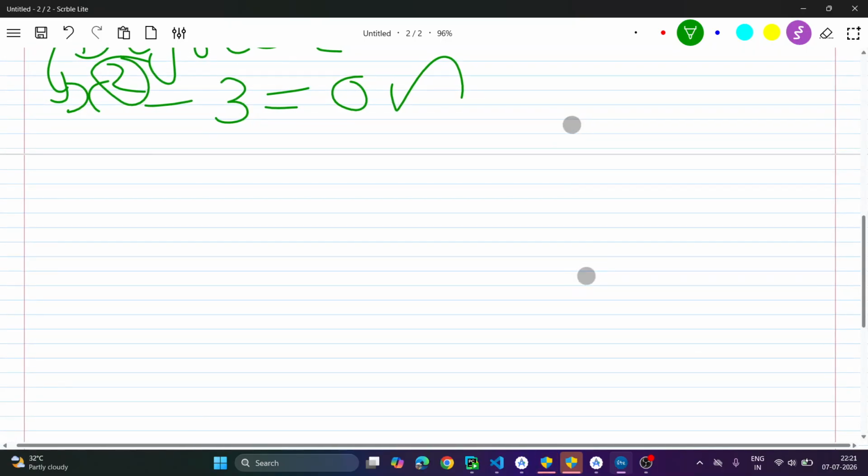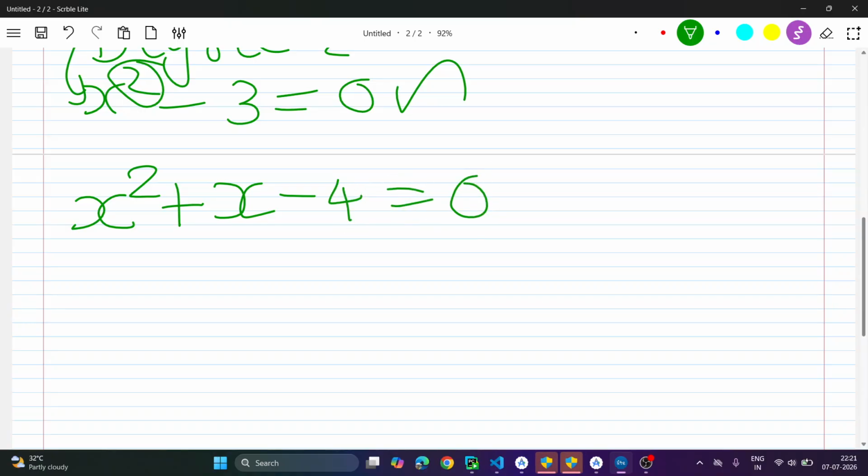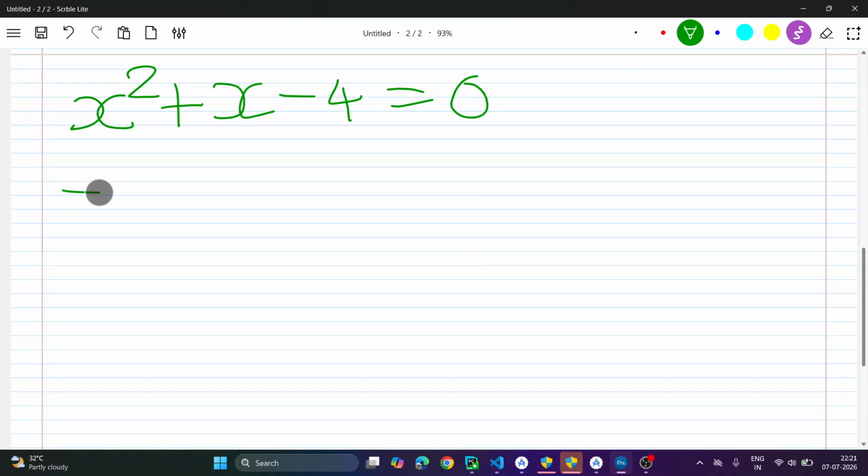Okay, so now let's get to some examples. Let's say x squared plus x minus 4 equals 0. How do you find the roots? There's a formula.